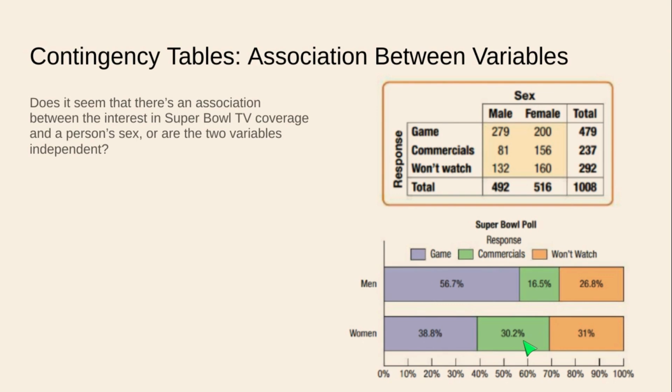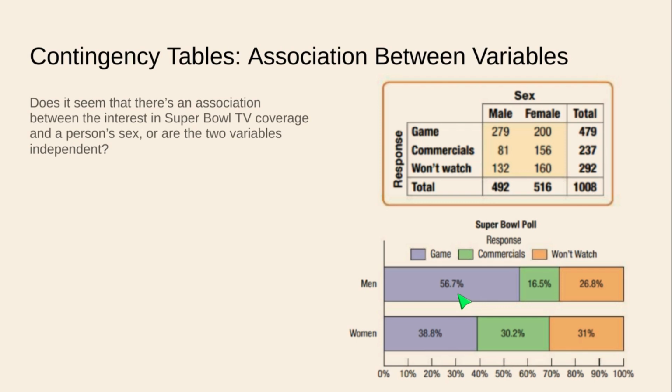We've already talked about how if you're looking at people who are not interested in commercials, it's more likely that you are female than male. And flip that around and you have watching the game.